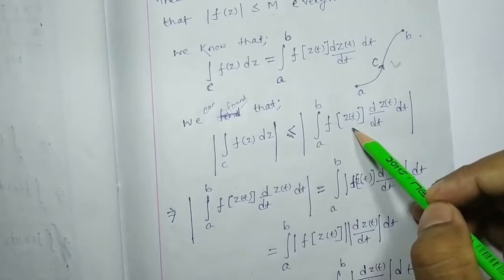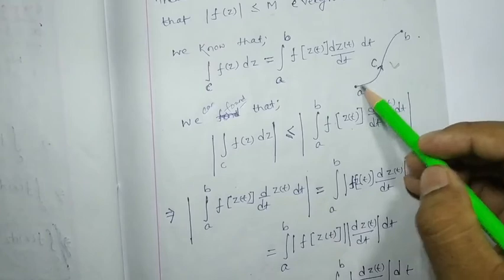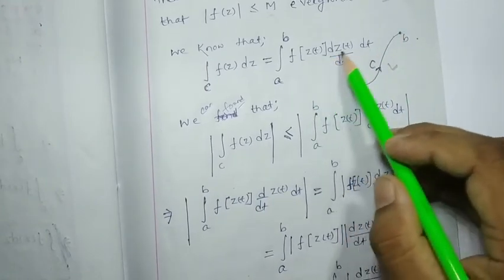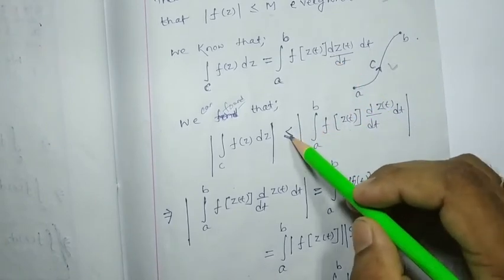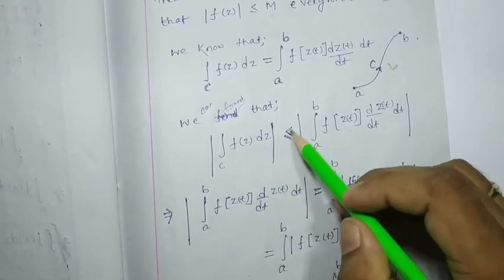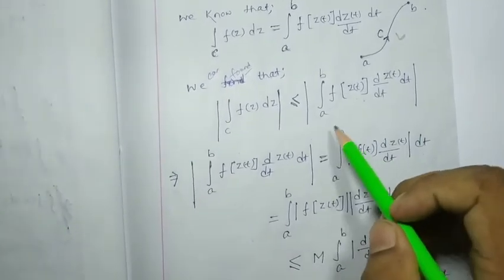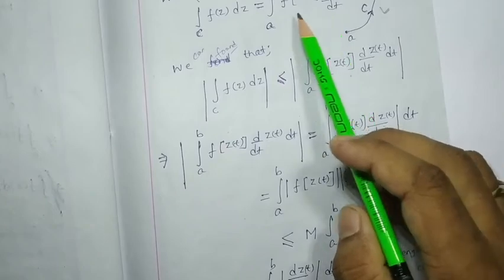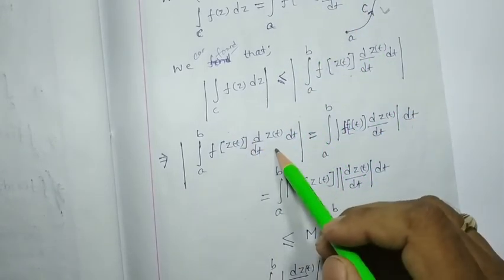Because this represents the whole curve, from point A to B, with each and every piecewise part considered, it will be less than or equal to the integral of the modulus value. That implies the integral of f(z) dz is nothing but this one. Here I just substituted this one.